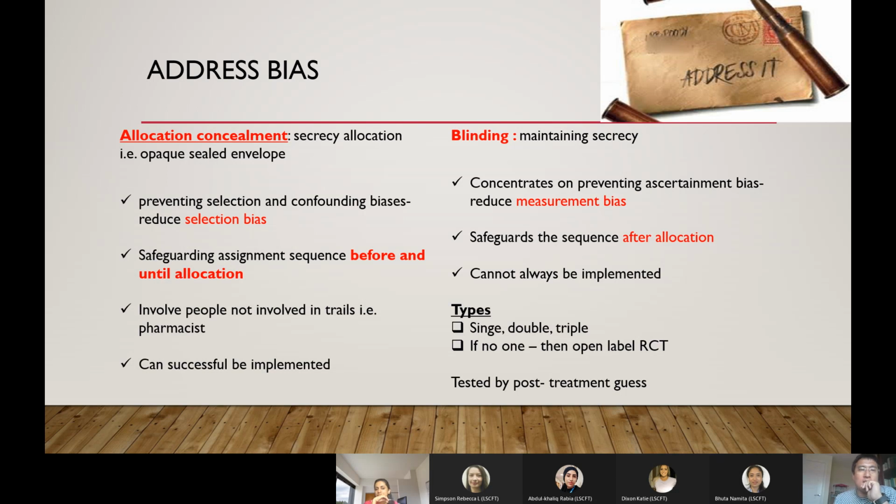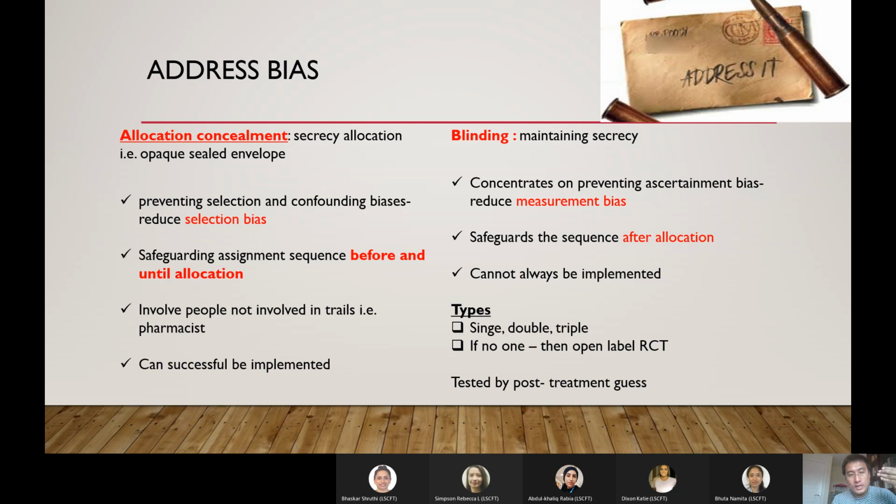Allocation concealment is preventing selection bias, and this is done at the time of selection, but blinding is done after selection as well. It depends on different stages, but just remember that allocation concealment is done at the time of selection, and blinding is more about blinding the experimental and the other group.